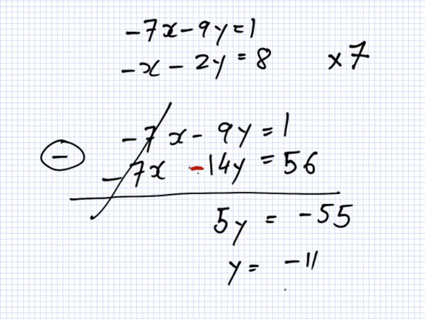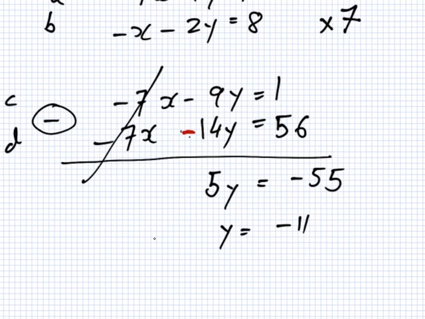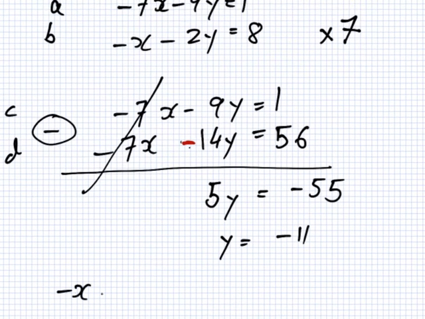So what can I do to get the x? Now which one? You have 4 choices. You can use A, B, C, or D. You can use any, but B is definitely the best one because it has the smallest numbers in it. So I have minus x plus 22 equals 8.